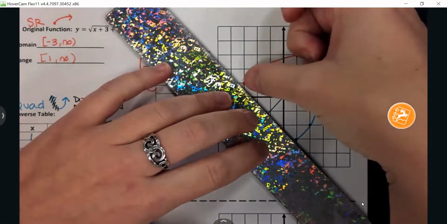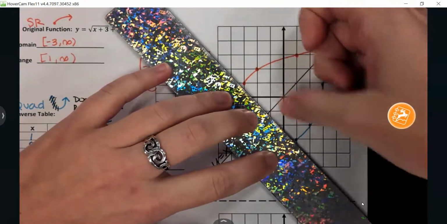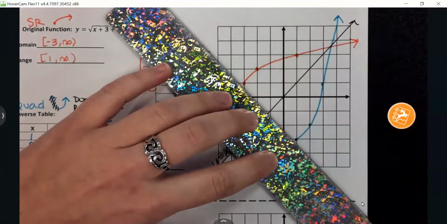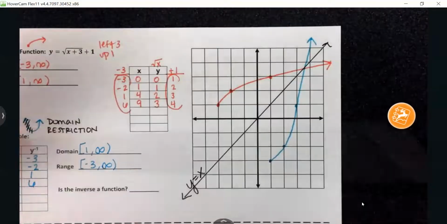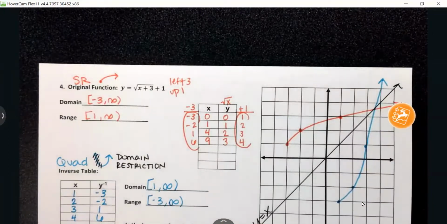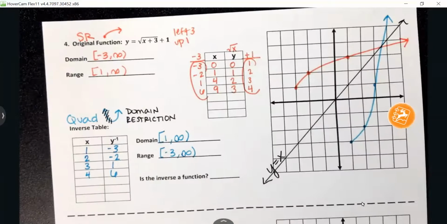So my orange dot is 2 diagonal boxes away, and my blue dot is 2 diagonal boxes away. If you fold your paper on this line, if you fold it perfectly and you hold it up to the light, what do you think should happen to those 2 lines? They should be perfectly on top of each other because it folds over that line, okay?